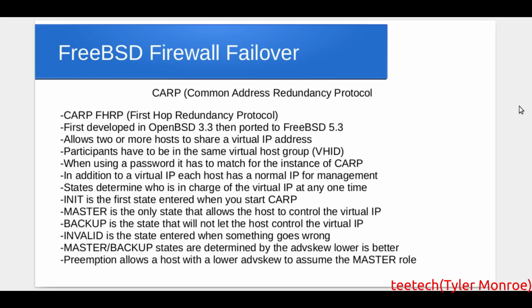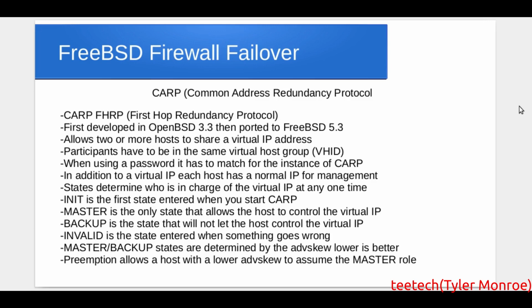So, how do we do this with FreeBSD? Well, there's something called CARP, and that's Common Address Redundancy Protocol. Now, CARP is an FHRP. That stands for First Hop Redundancy Protocol. Now, the idea is to make the client's gateway seem to never stop working.